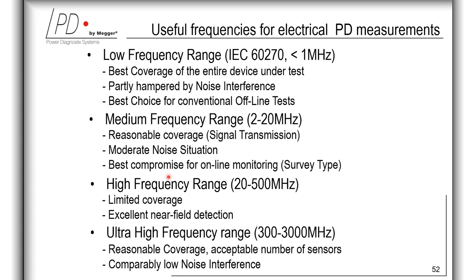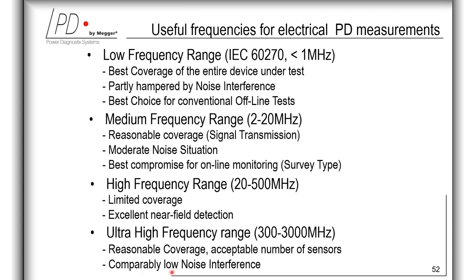Of course, it is still possible to perform these measurements in the IC range below 1 megahertz, like for conventional methods, but then instead of the sensors, the coupling capacitors would be used. And here, the main problem is that due to on-site online conditions, the background noise is much higher than the acceptable limits.